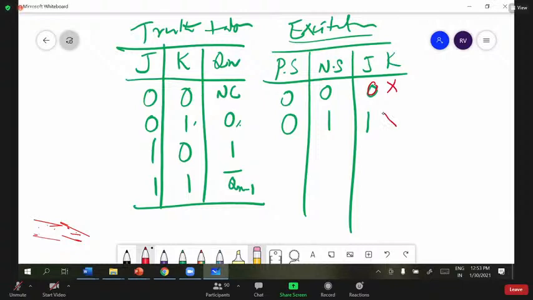You understand this or not? Yes, ma'am. This is the present state, that means the previously stored bit is 0. The next state has become 1. When J is equal to 1 and K is equal to 1, the flip-flop outputs toggle, so we get 0 and 1. That's why I kept this as 1 initially.